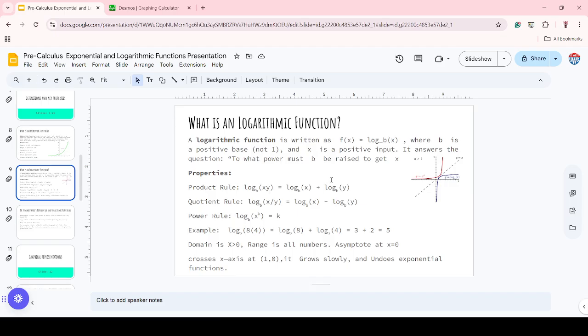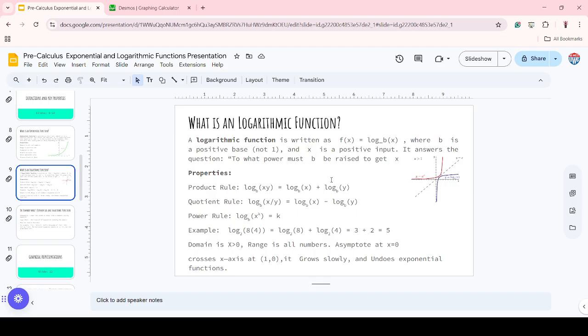Let's go ahead and do the quotient rule. We'll use different numbers than last time. Log subscript 2 of 6 minus log subscript 2 of 2 is equal to log subscript 2 of 3. That is an example of the quotient rule.